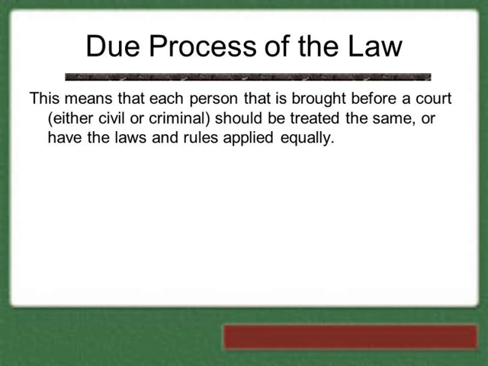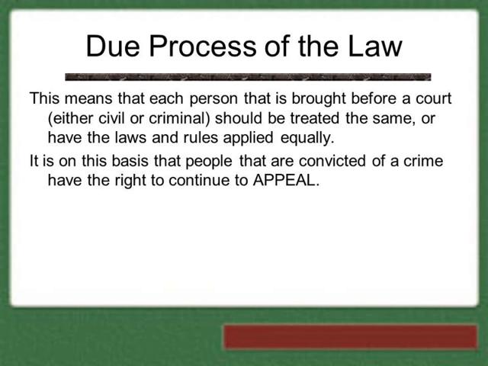But what due process also means is that even after a person is convicted of a crime, they still have the right to appeal that conviction. So if I'm convicted of murder and I believe that my due process rights have been violated, I am sent to jail because I'm convicted of that murder. But the due process of my situation continues.